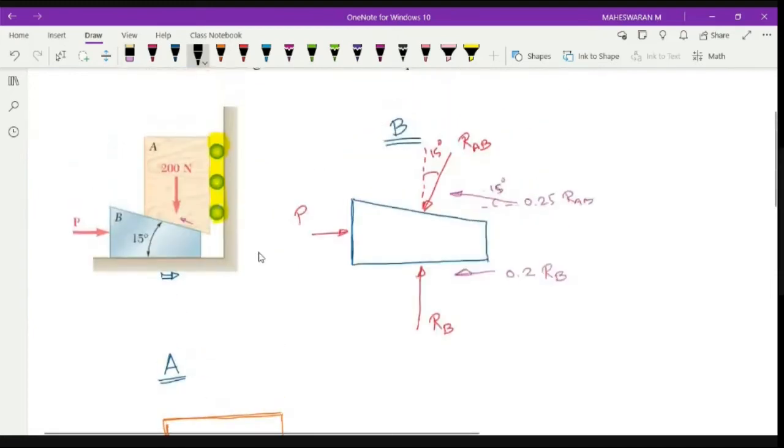When you look at the contact surface, it is between the wedge and your block. You know that it has to be in equilibrium, which means the forces should add up to 0.